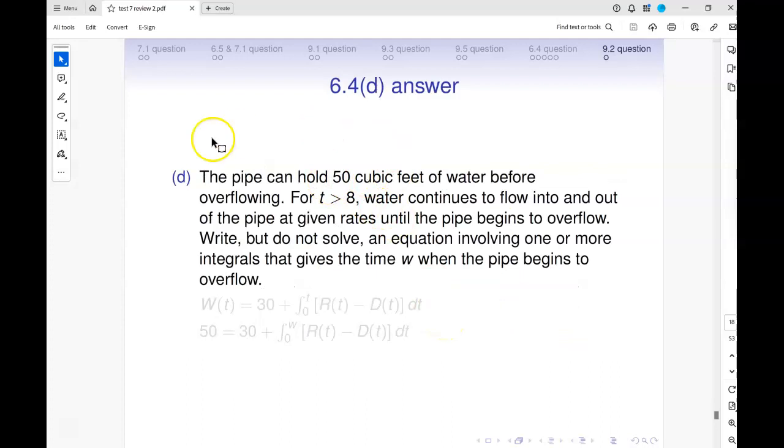Last part. It says the pipe can hold 50 cubic feet of water before overflowing. For t greater than 8, water continues to flow in and out of the pipe at the given rates until the pipe begins to overflow. But do not solve an equation involving one or more integrals that gives the time w when the pipe begins to overflow.